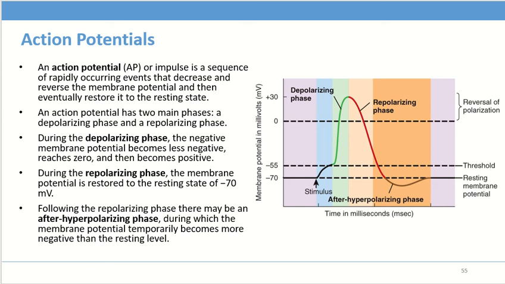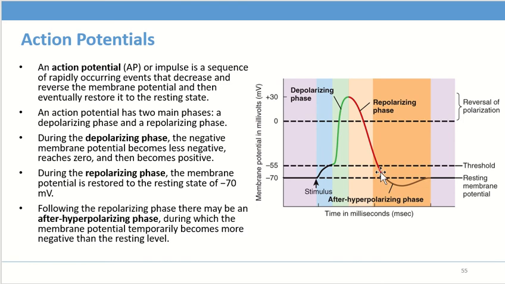During the depolarizing phase, which you can see here in green, the negative membrane potential is going to become less negative. It's going to reach zero, and then it's going to become positive. So it's depolarizing, it's becoming less negative, and then all the way into becoming positive. Then during the repolarizing phase, the membrane potential is going to be restored to its resting rate of minus 70 millivolts here.